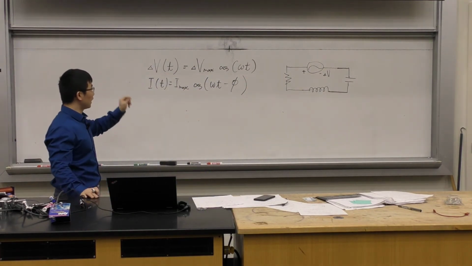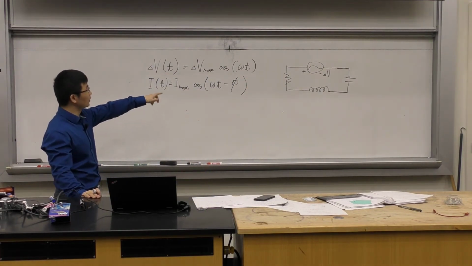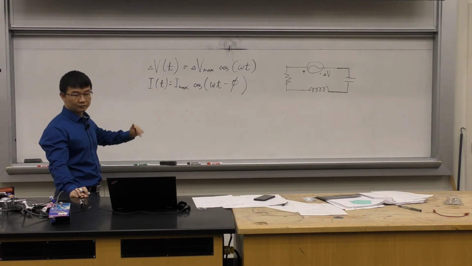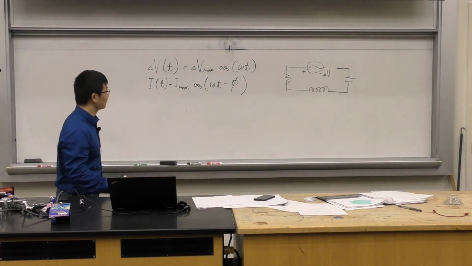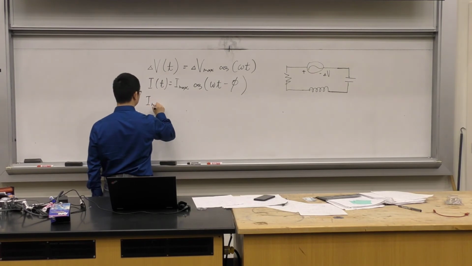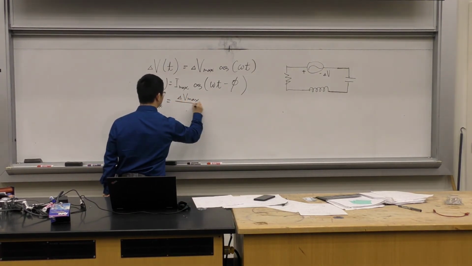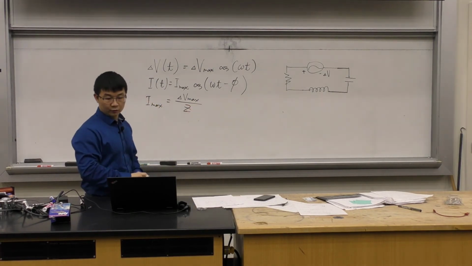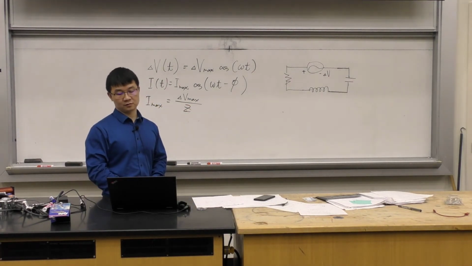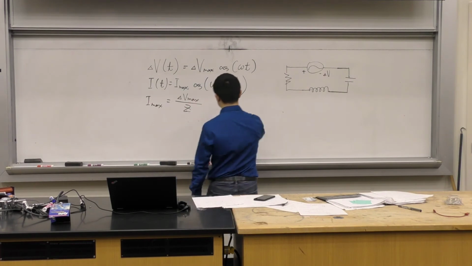Then what is Imax and what is phi? I know that omega t comes from the source. So what is Imax? Imax is Vmax now divided by a thing we call impedance. What is this impedance?